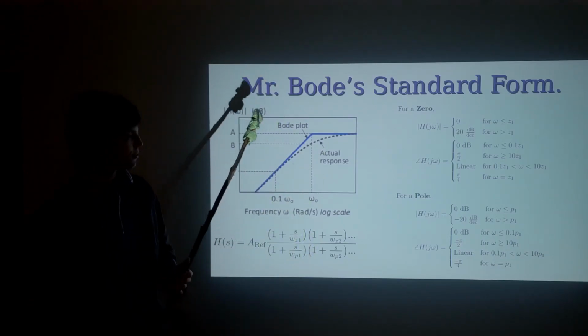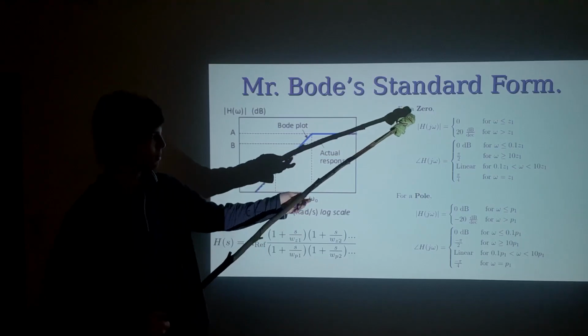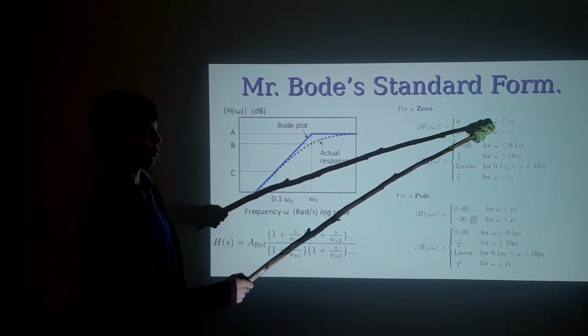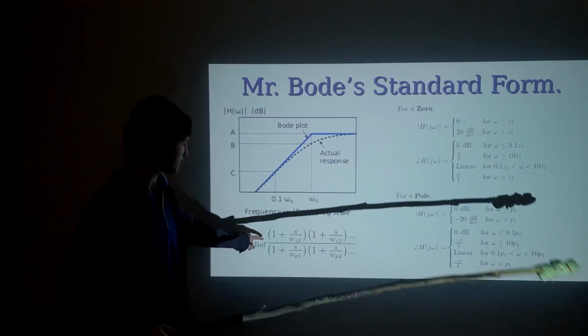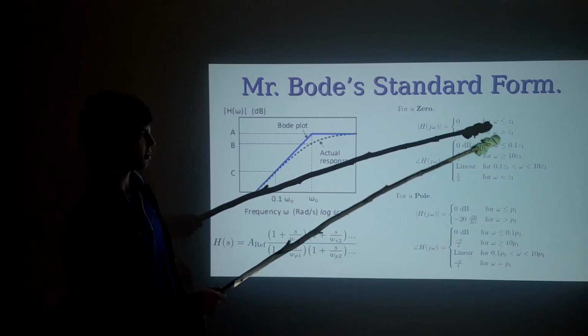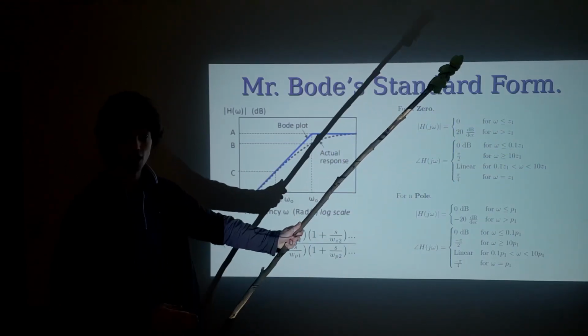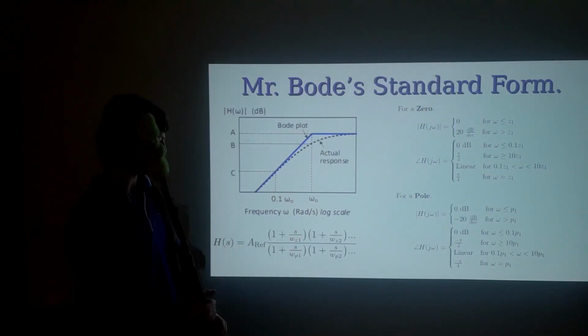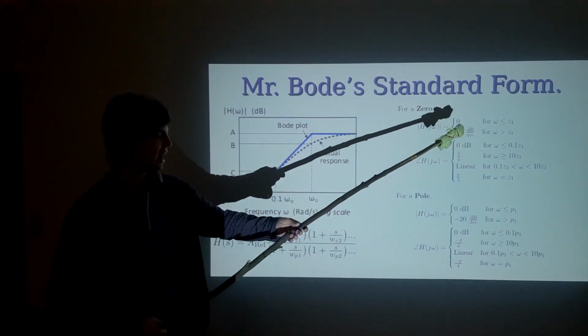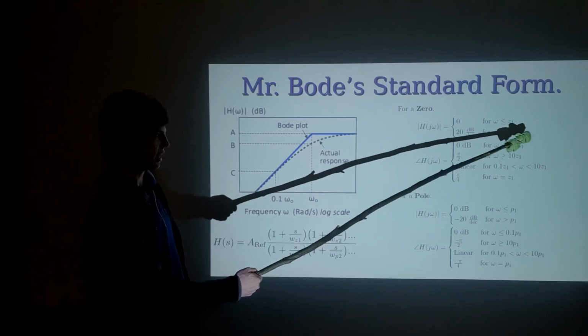When we have a zero, the magnitude is going to be 0 for omegas less than the zero. That's just the contribution of this term right here, one of the zeros, and it's going to be increasing at a slope of 20 decibels per decade for omega greater than z1. And the phase follows these relations as well.